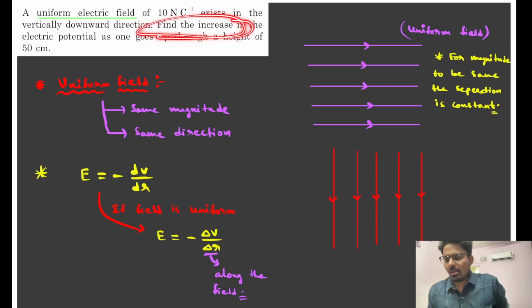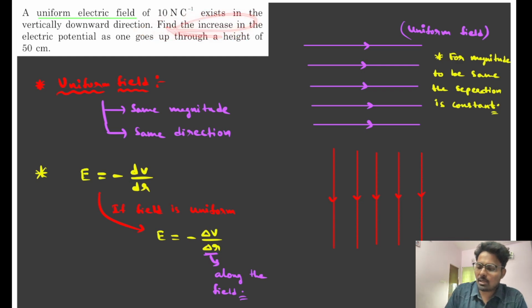So here that's what they have clearly mentioned. That's what they're asking. They're asking to find the increase in potential. So how to find the potential? Coming to just the magnitude part, I just want to bother about the magnitude. Here, what does that negative sign indicate? The negative sign indicates that the electric field will always flow from higher potential to lower potential, sir. How does the negative sign indicate that? In physics, remember delta means change, and change is always final minus initial. And what is the meaning of dV? dV is nothing but delta V tends to 0.